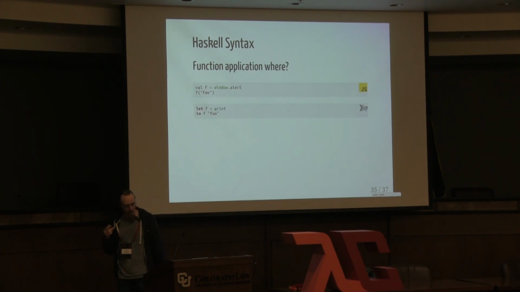Also a very basic question, which actually has a profound meaning in non-pure languages, is where do you actually do the function application? Because that is where the side effects happen. In Haskell, that does not matter, because again, there are no side effects. So having a statement anywhere is actually irrelevant, because a statement cannot do anything.